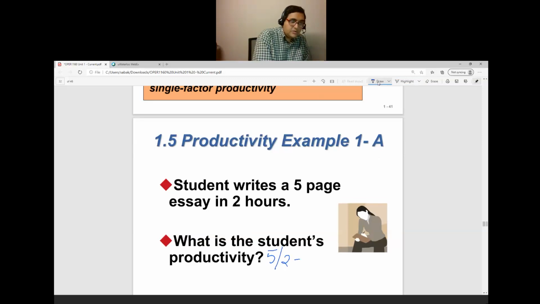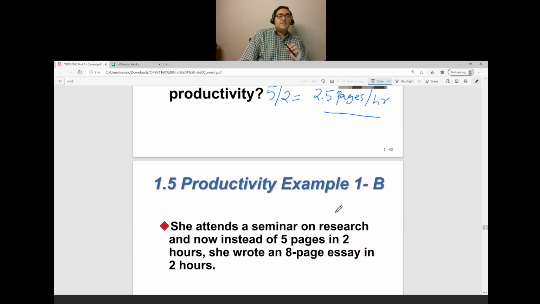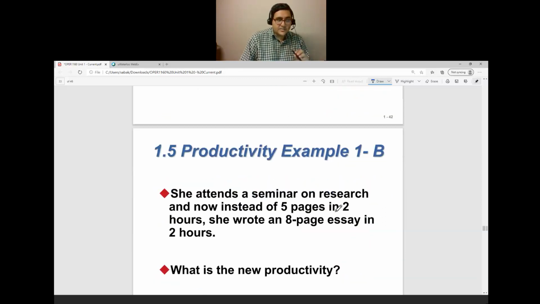Now, let's say a student writes a 5 page essay in 2 hours. Let's try to see this example. How much is the student's productivity? The productivity is 5 divided by 2, which is 2.5 pages per hour.